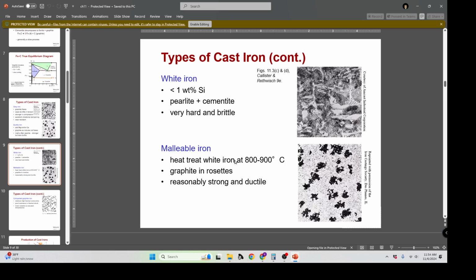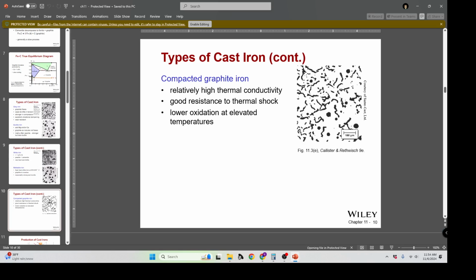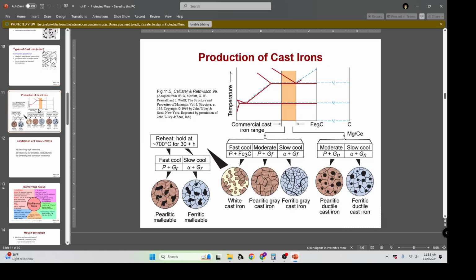Malleable iron is heat-treated white iron at 800 to 900, forming these rosettes. And compacted graphite iron has good resistance to thermal shock, high thermal conductivity, and lower oxidation at elevated temperatures. That's your cookware grade of cast iron that you guys saw the examples of.